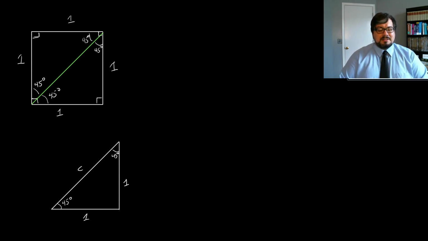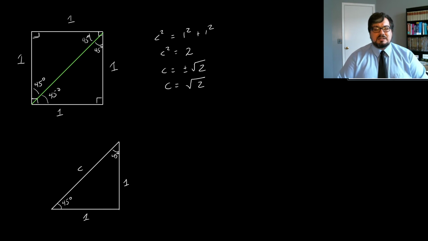And now we want to figure out what the hypotenuse is. We'll use the Pythagorean theorem again. We have that c squared, where c is the length of the hypotenuse, is equal to 1 squared plus 1 squared. So c squared is equal to 2. 1 squared plus 1 squared is 2. So c is equal to plus or minus the square root of 2. But again, we only want to consider the positive values here.